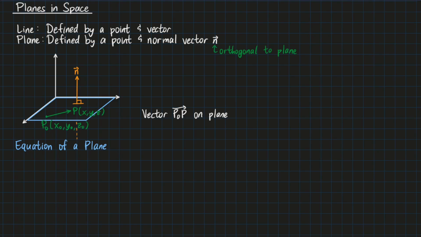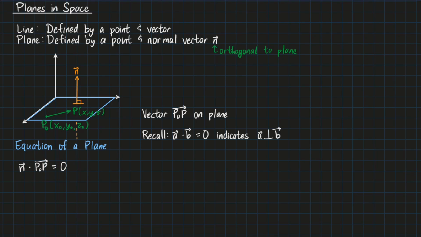Since vector P0P is on the plane, that means that the normal vector n is going to be perpendicular to that. And recall that if two vectors are perpendicular to each other, their dot product would equal 0. This means we can indicate that vector P0P and vector n are perpendicular by writing n dot P0P equals 0.